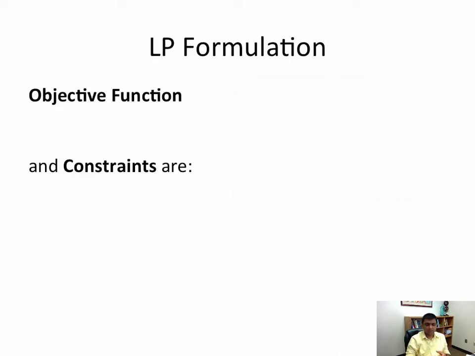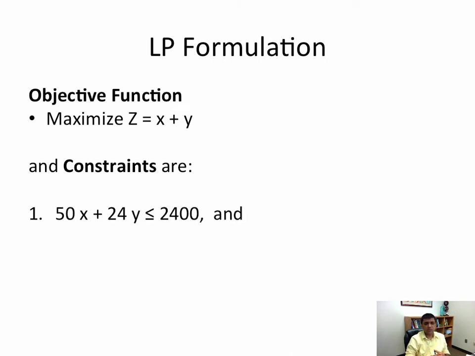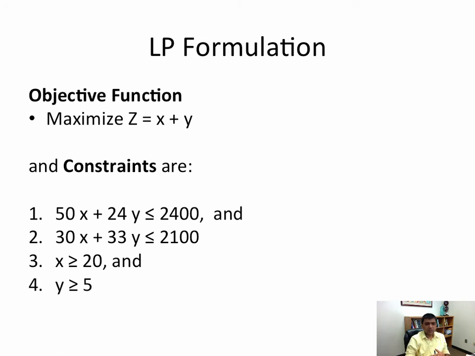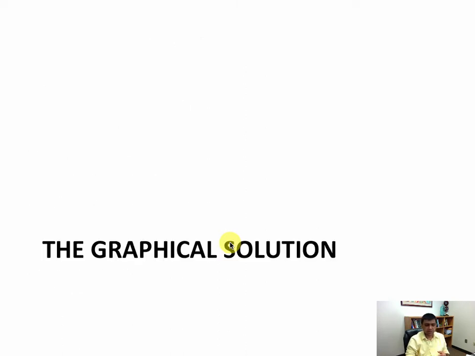When we formulate this problem, our objective function becomes z is equal to x plus y, and the constraints are 50x plus 24y is less than or equal to 2400, 30x plus 33y is less than or equal to 2100, x is greater than or equal to 20, and y is greater than or equal to 5. So in this case, we have two limiting constraints based on our resources, the first row 1 and row 2 here. Let's look at the graphical solution.